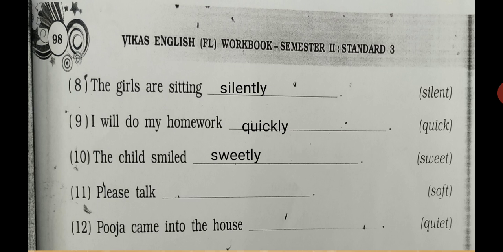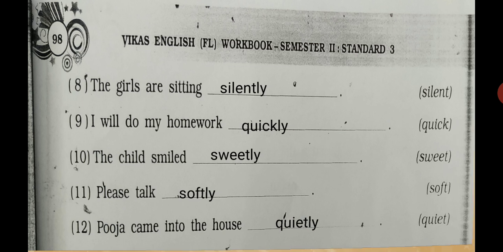Please talk dash. What is there in a bracket? Soft. And what will be the answer? Softly. Pooja came into the house. What will be the answer? Quiet becomes quietly. Understand?